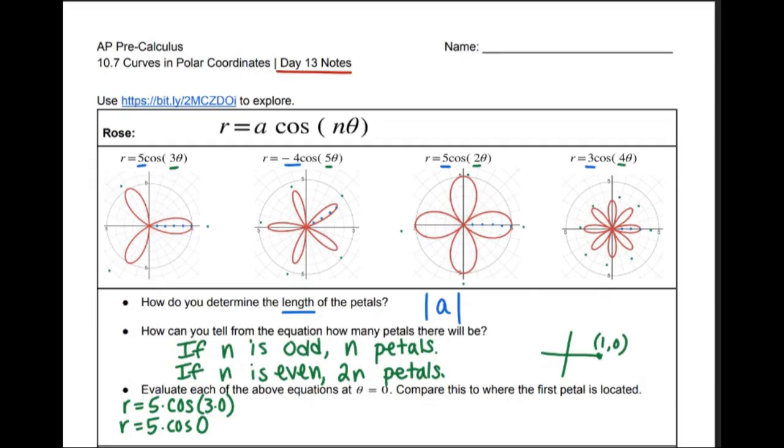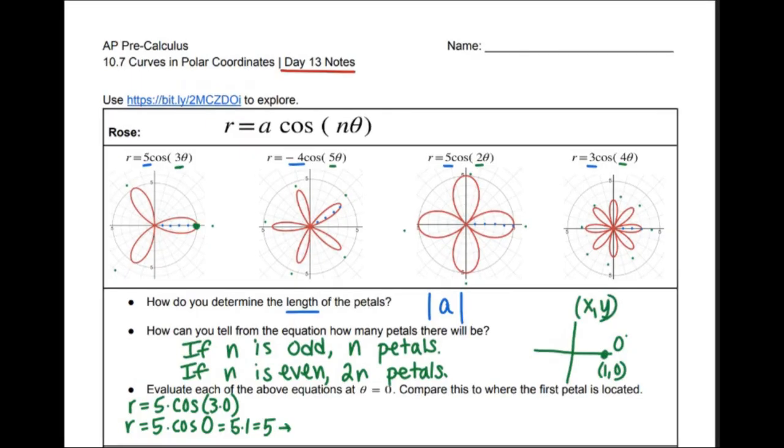So that's equal to 1. So that's equal to 5 times 1. And that's equal to 5. All right, if we think of this in terms of r comma theta, our answer should be r first, which is 5, and then theta, which is 0 degrees, or 0 radians.